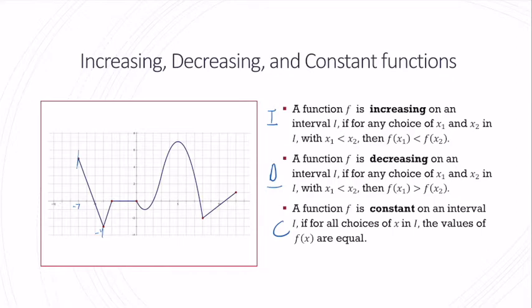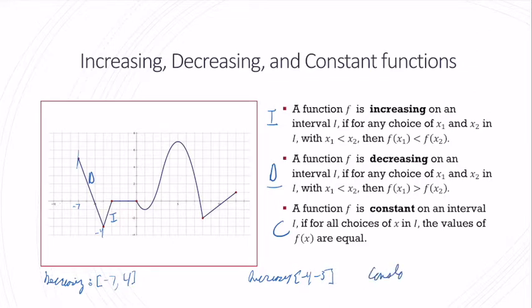So our function is decreasing on the interval from negative 7 to negative 4. Here it's decreasing; here it's going to be increasing from negative 4 to negative 3.